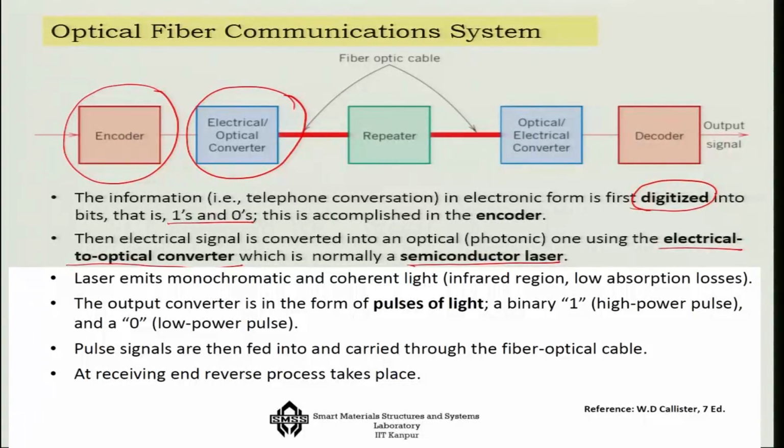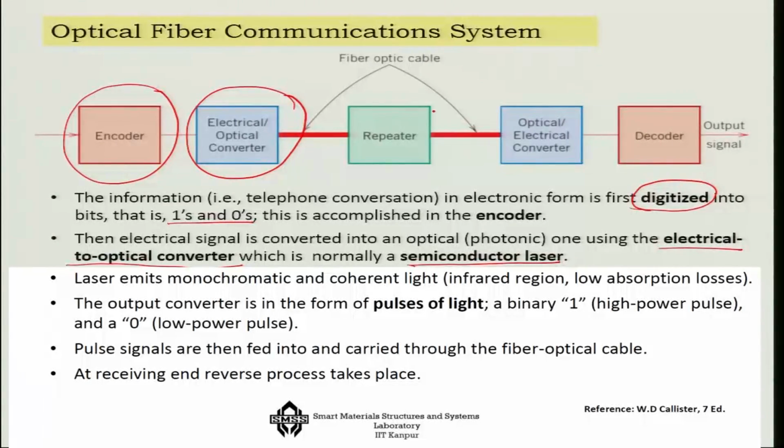That means the light will be of a single frequency in most cases, although there are some applications today of multiple frequencies, and it will be coherent. That means there will not be phase difference between the individual light signals. Hence it will carry the information in a very cohesive manner for a very long distance.